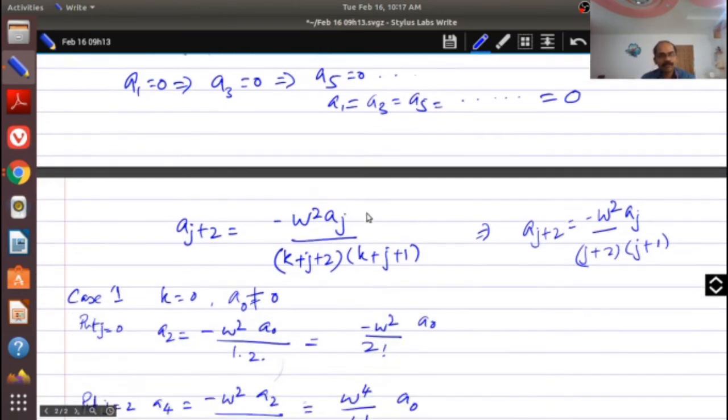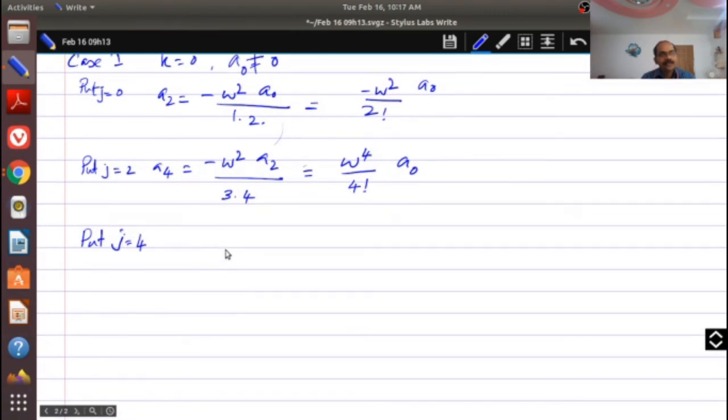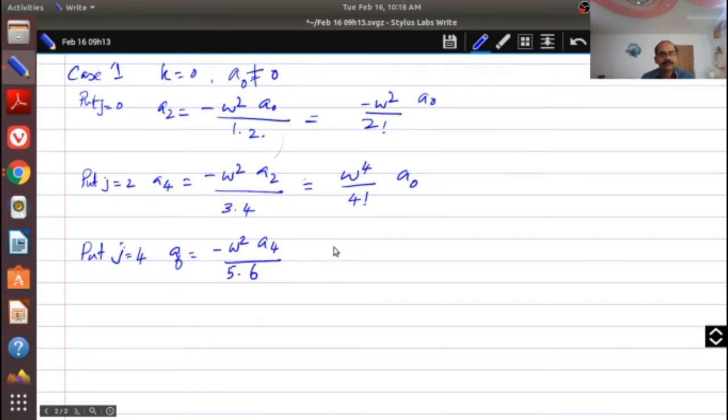Okay, there is no point in looking for that. j equal to 4, a6 is equal to minus omega squared a4 divided by, when it is 6, it will be 5 into 6. Okay, you have put j equal to 4, 4 plus 1 into 4 plus 2. And obviously this will be, without much, minus omega raised to 6 by 6 factorial a0.